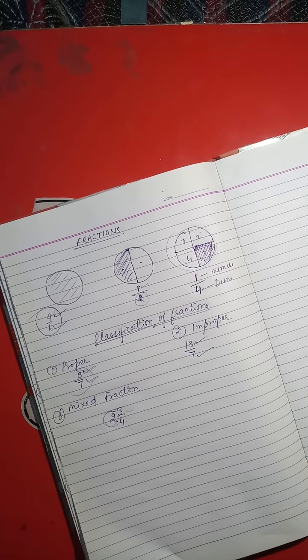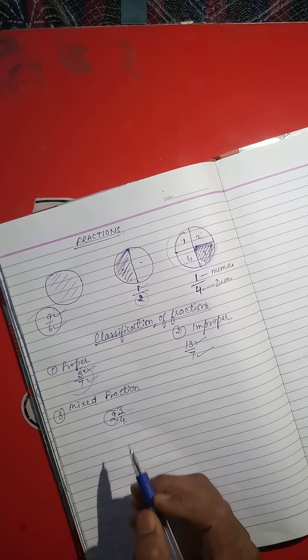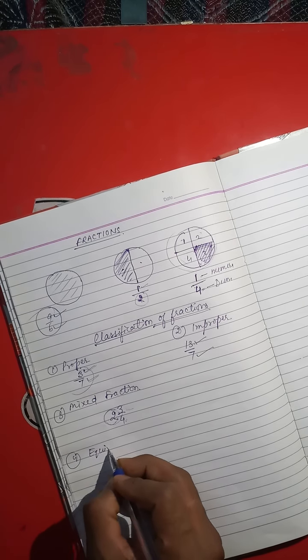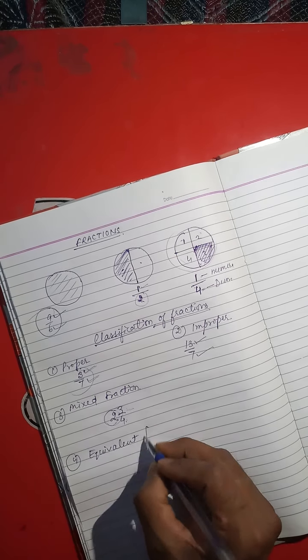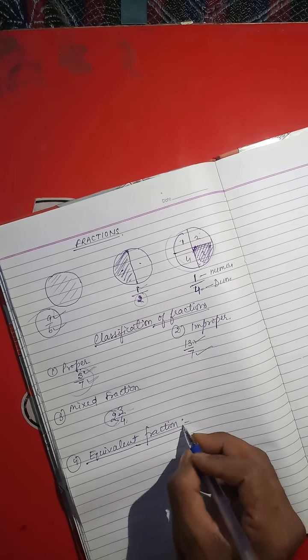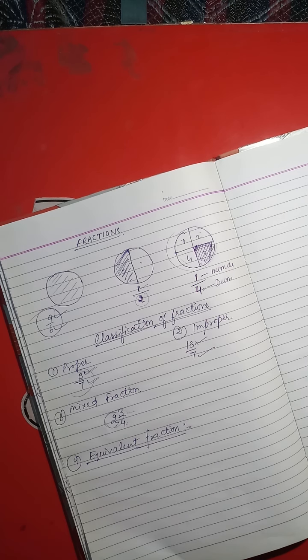Then mixed fraction is a fraction which is the combination of a whole number and a proper fraction. Okay, now the fourth one is equivalent fraction. In the earlier video we have discussed the equivalent rational number.